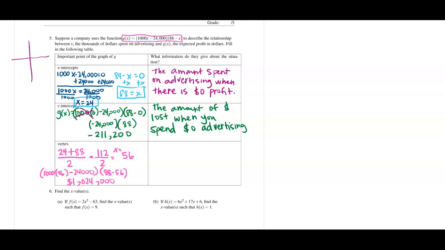Right? So on the answer part here, remember that this x was in thousands of dollars.